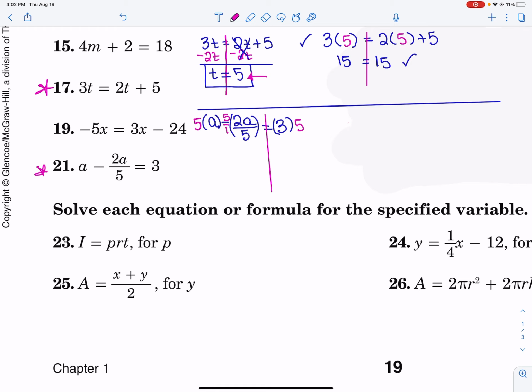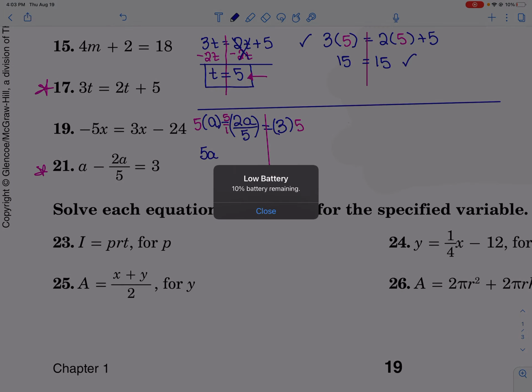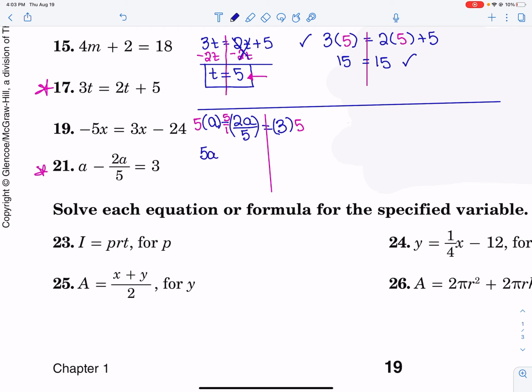Okay, and 5 over 1, that's the same thing as 5. 5 divided by 1 is still 5. 5 times a gives us 5a. And the second one here, 5 divided by 5, well, that cancels out. So what we are left with is negative 2a equals 15.